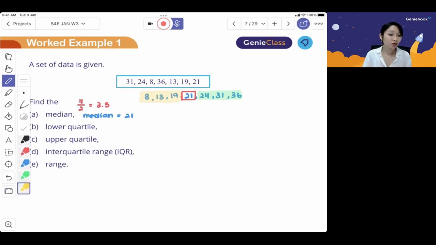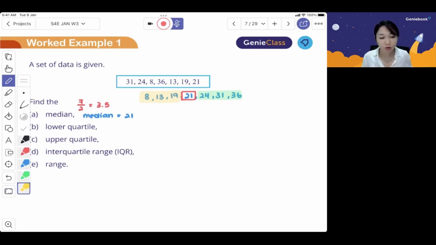So yellow is lower half, green is upper half, right? Very good, Alicia. The median is the middle value in the set of data in ascending order. So first you must always arrange everything in ascending order. Ascending means lowest to highest.